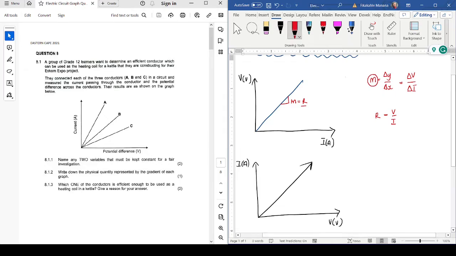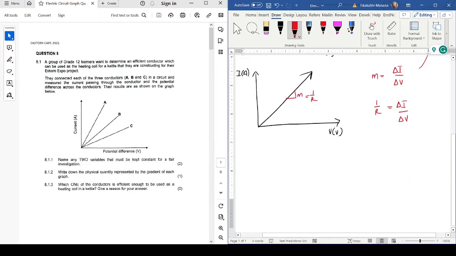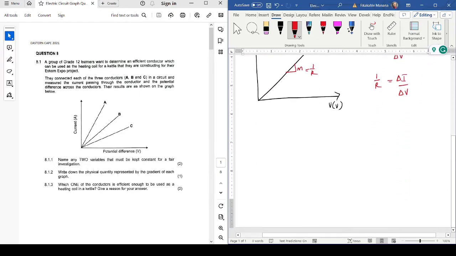Our gradient there will be delta I over delta V, so it's the inverse of what we had above. So your gradient is actually 1 over R, which is your I over your V. So that is pretty much straightforward.